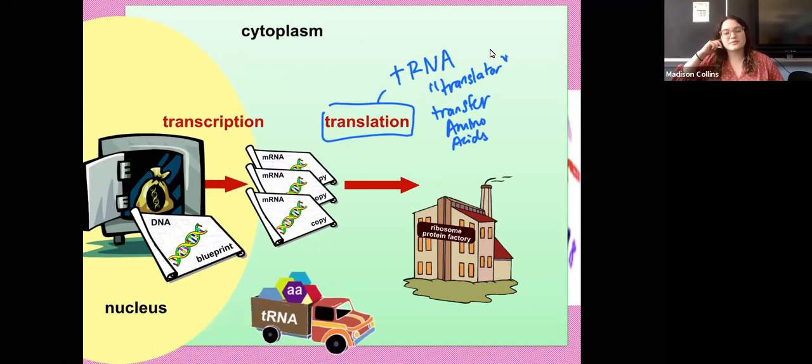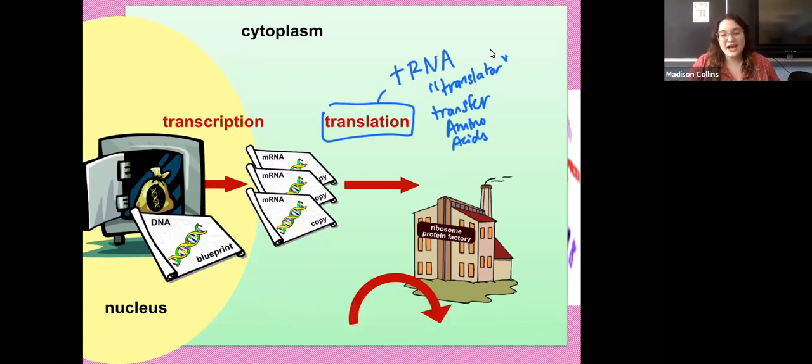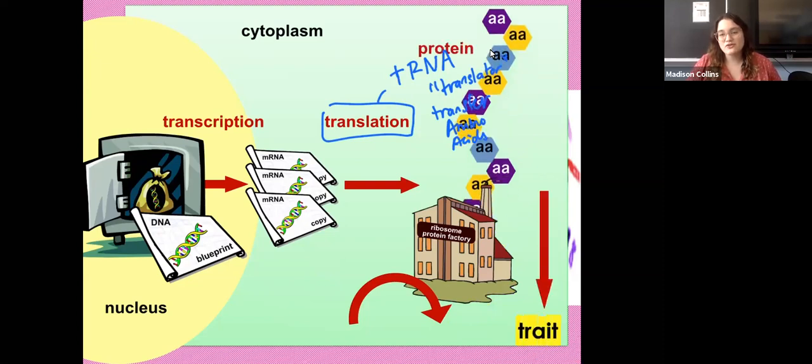So tRNA comes in, it's a truck, it's going to dump over its amino acids, and that's going to happen for every single codon that's being read. Okay, that happens over and over and over until we synthesize all of these amino acids together as a chain to form a protein. And proteins are what make up your traits.